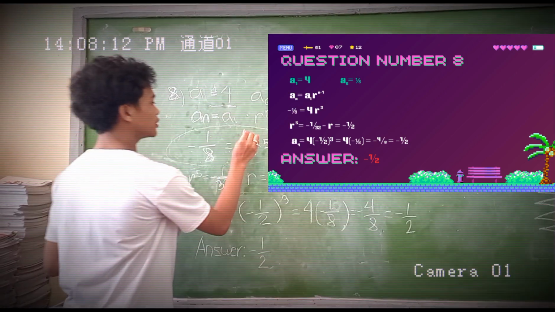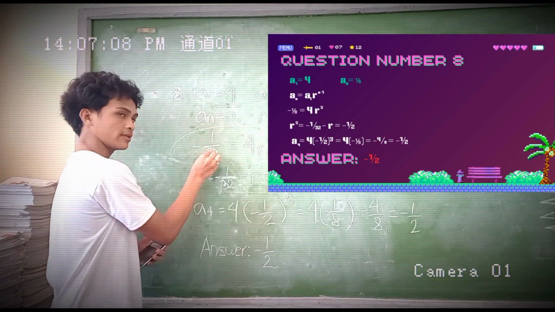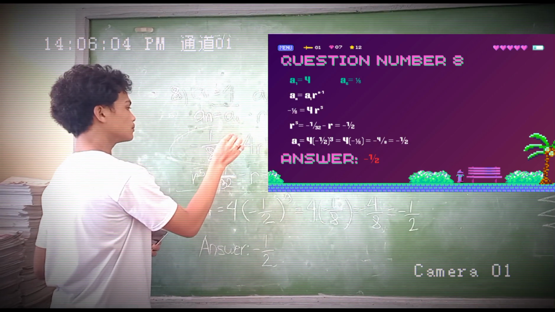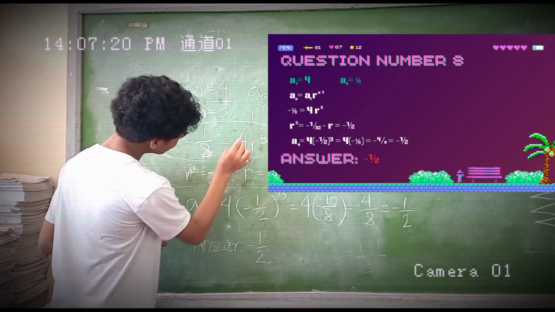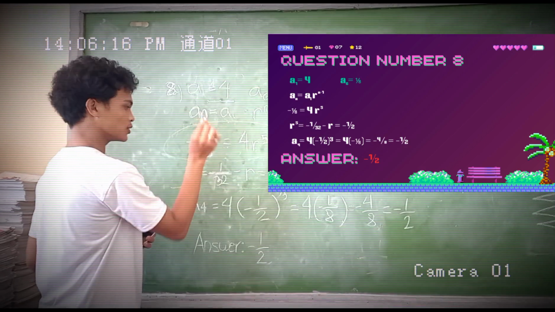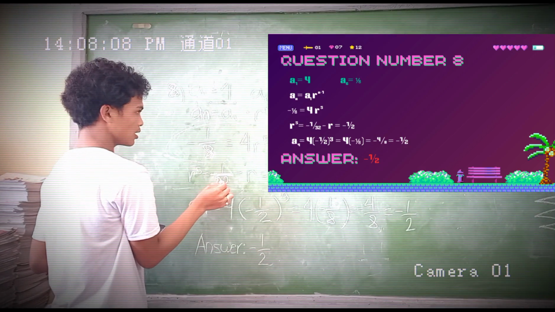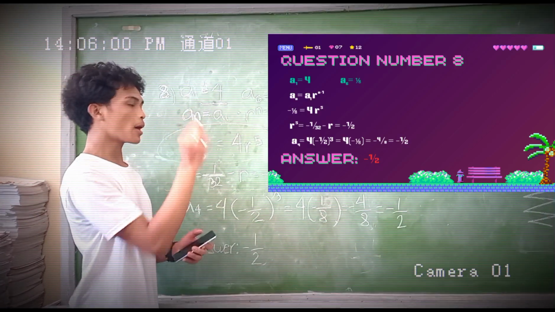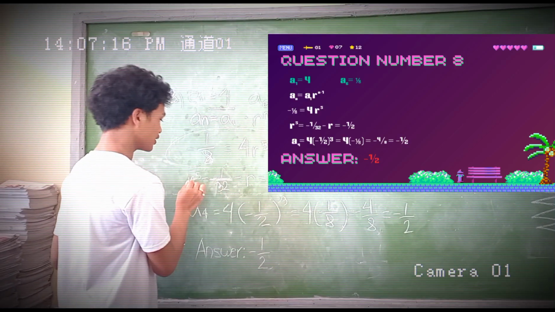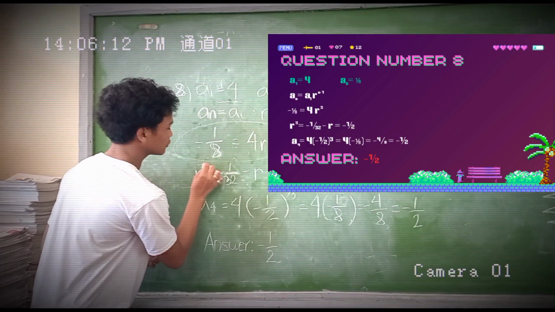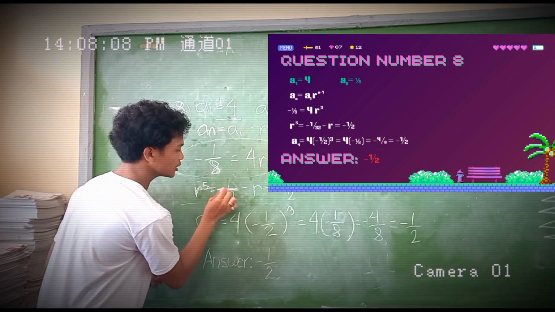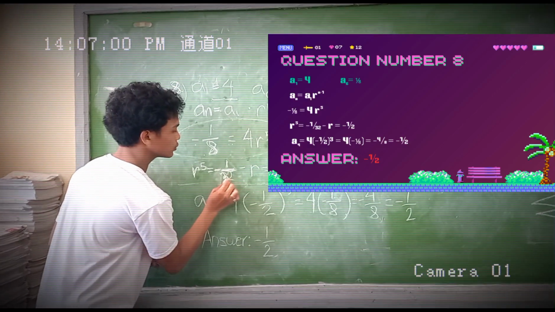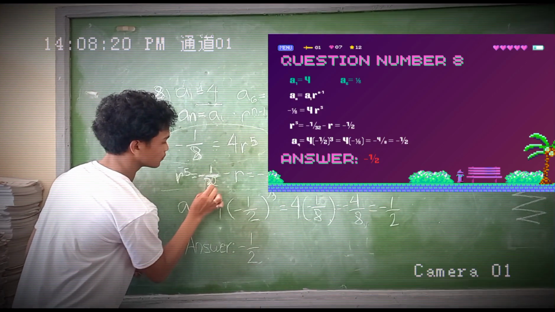we're going to multiply 4 by 8. So 4 times 8 is equal to 32, and the r raised to the power of 5 will go to the right side. The r raised to the power of 5 equals negative 1/32.